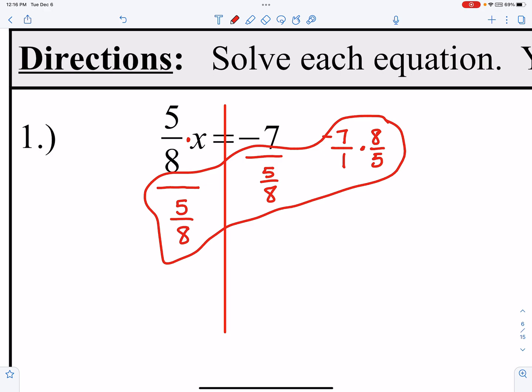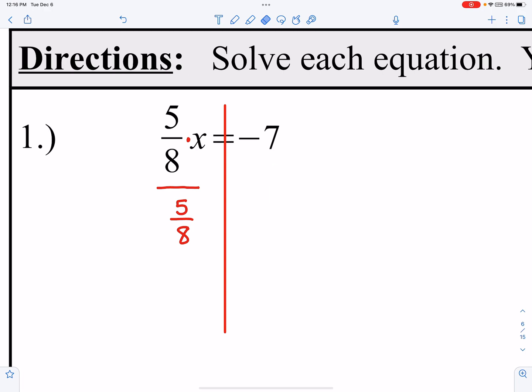Since we know that when we're dividing by a fraction, we end up multiplying by the reciprocal, we might as well just do that at the beginning to save time. That's the background into why we're doing what we're doing. So when you see multiplying by a fraction, we're just going to, on the side here, multiply by the reciprocal. Essentially it is dividing by the fraction and eliminating it.